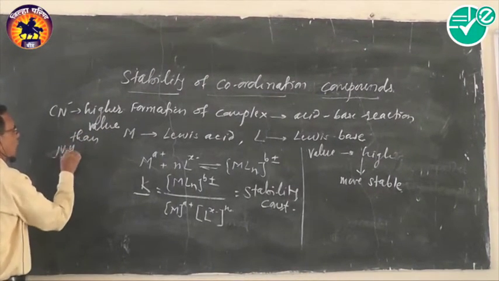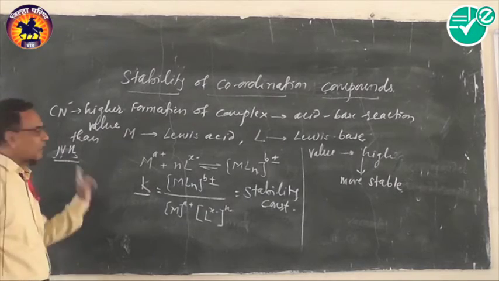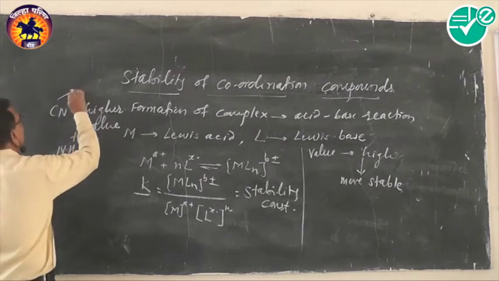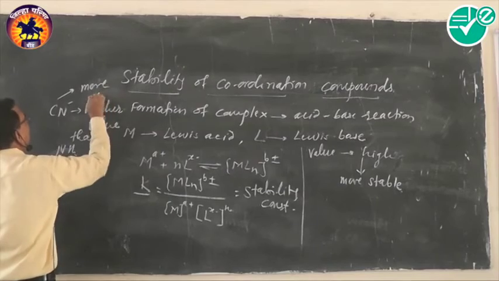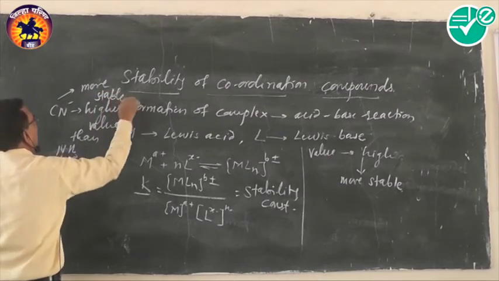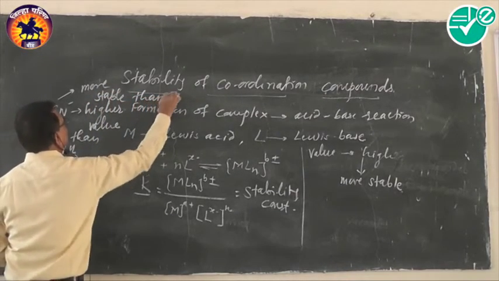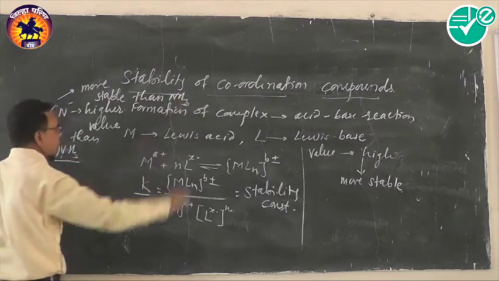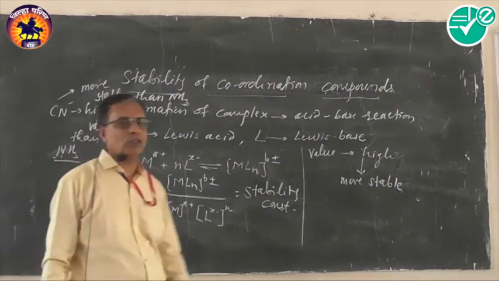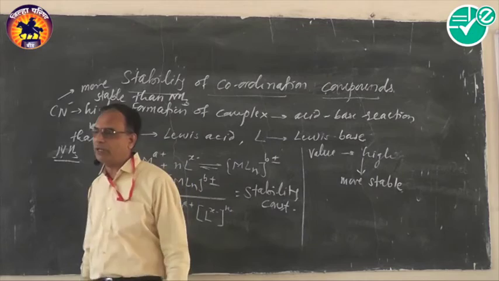Hence, the CN complexes are more stable than ammonia complexes.